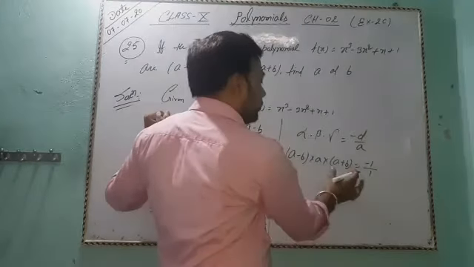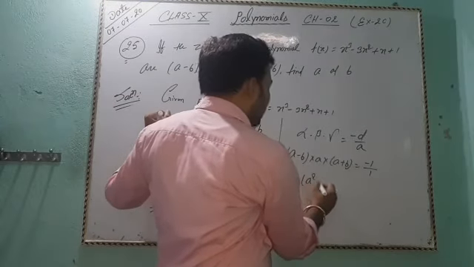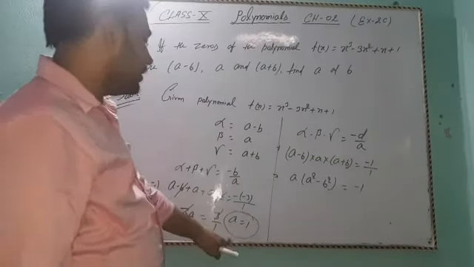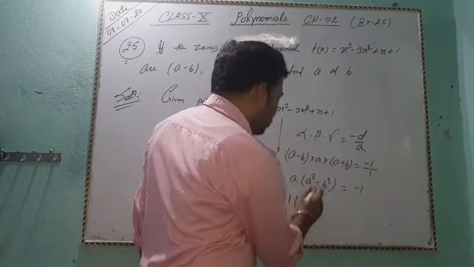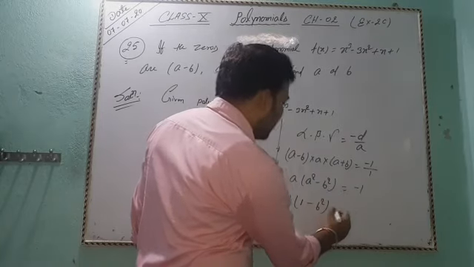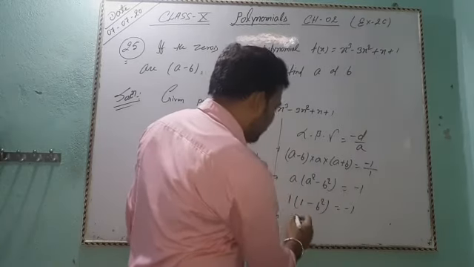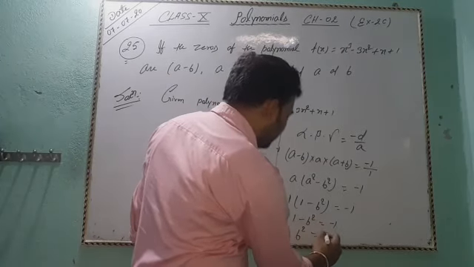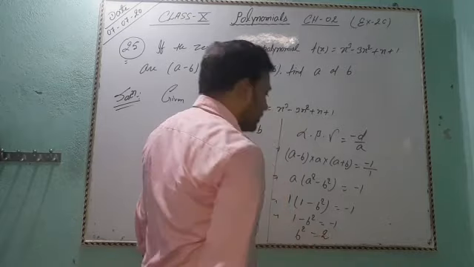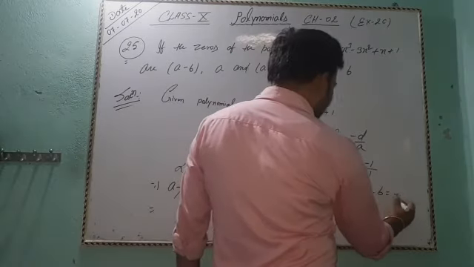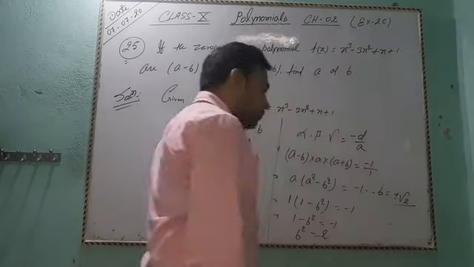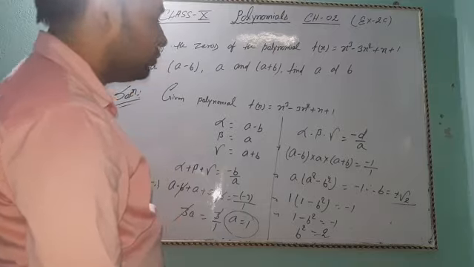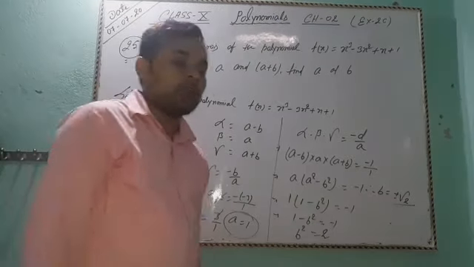So a minus b into a plus b, a square minus b square equal to minus 1. Okay, put the value of a equal to 1. So 1 into 1 का square, 1 minus b square equal to minus 1, and b square equal to minus 1 plus 1, 2, and b equal to plus minus root under 2. Okay, so a equal to 1 and b equal to plus minus root 2.